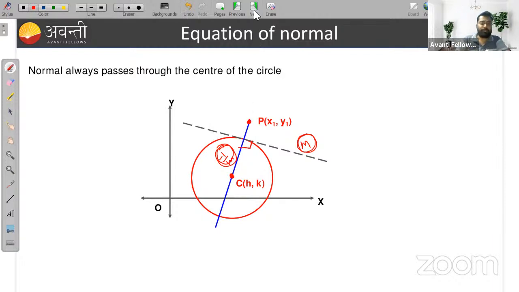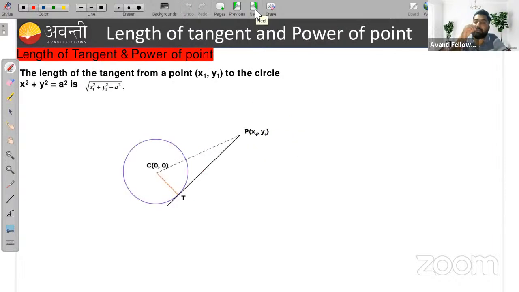Okay, sure. Let's move on. Now, how can you find the length of a tangent? What do we mean by the length of a tangent? That is the length from the external point to the point of contact. This is actually my length of the tangent.